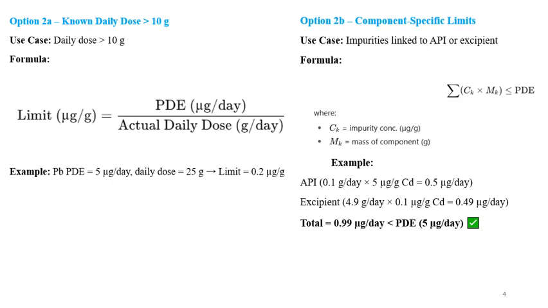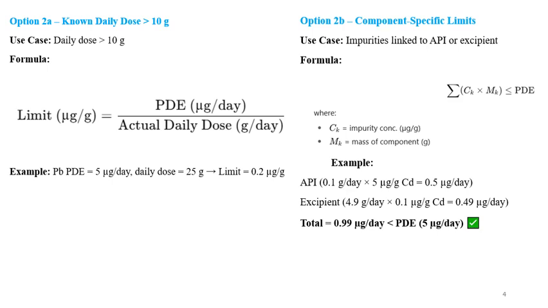Then Option 2B, it is component specific limits. Use case: impurities linked to API or excipients. The formula is shown here as the summation of the excipients' impurities. Example, API and excipients, the total is done based on microgram per gram, and the total should be less than the PDE value.